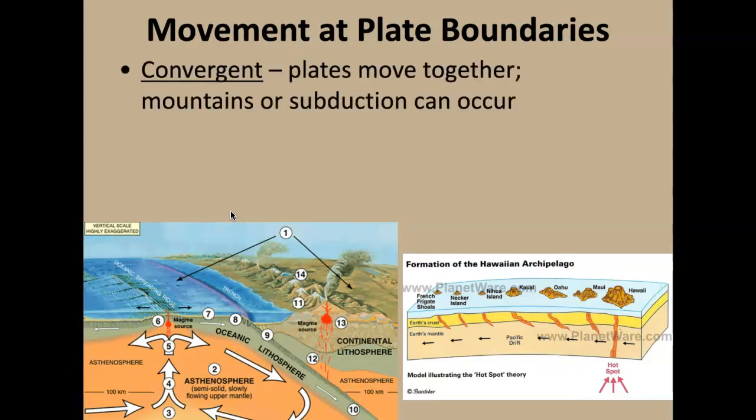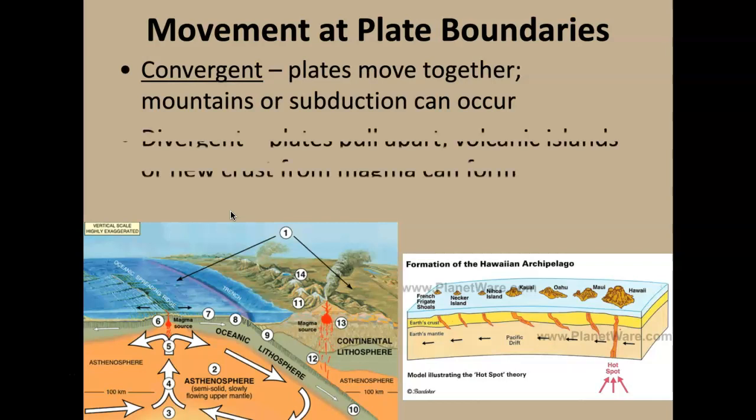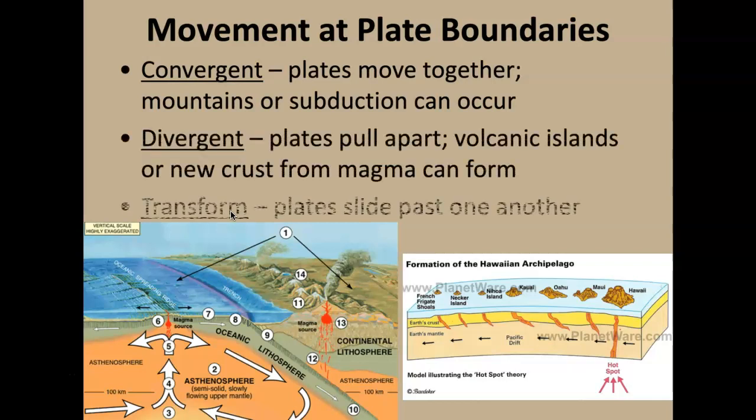There are different types of movements that will happen at plate boundaries. We've talked a little bit about these in the past. Convergent, divergent, and transform plate boundaries. Your stem means together. So convergent plates will move together, and that can form mountains. It can form subduction of oceanic plates. It just depends on what type of material it is, if it's an oceanic plate or a continental plate.